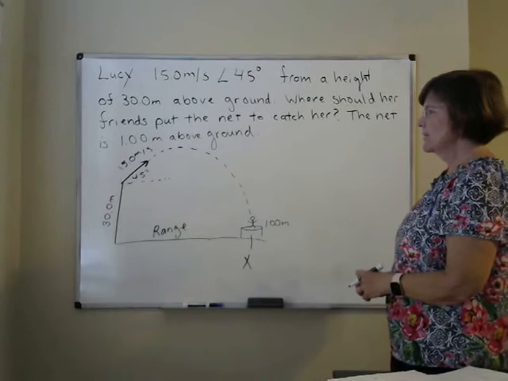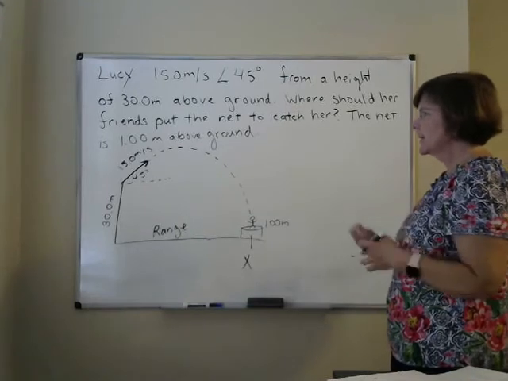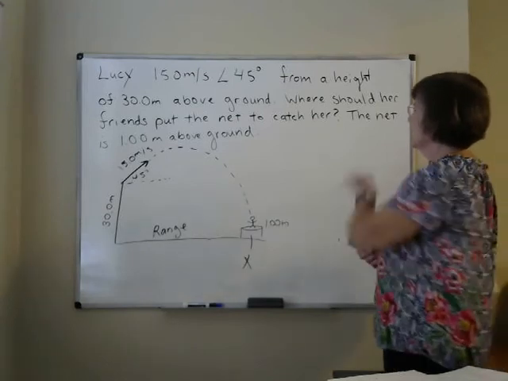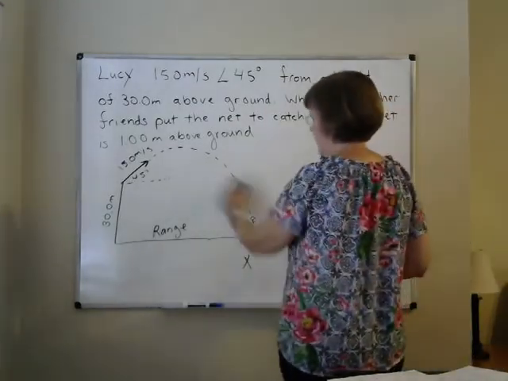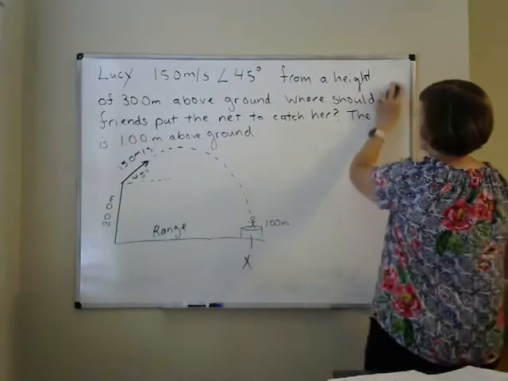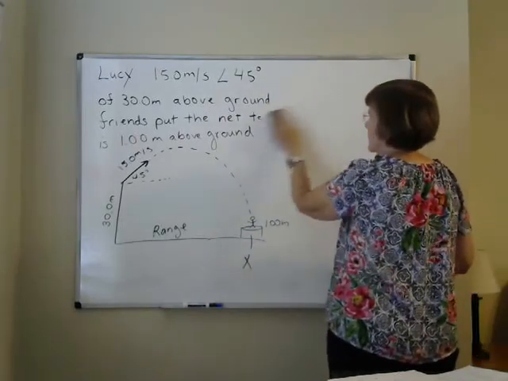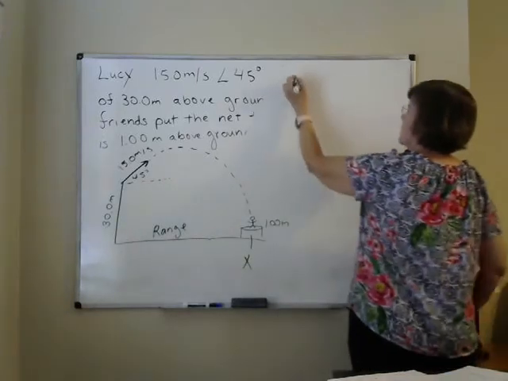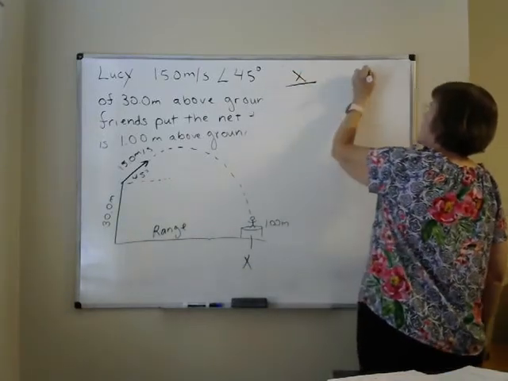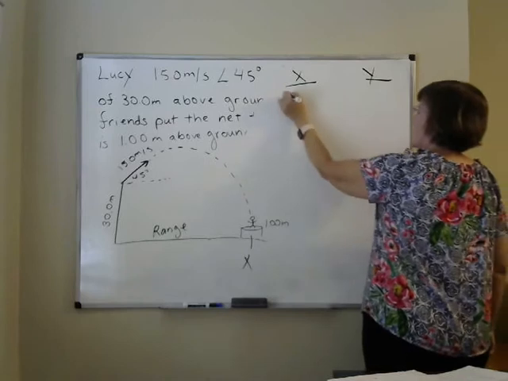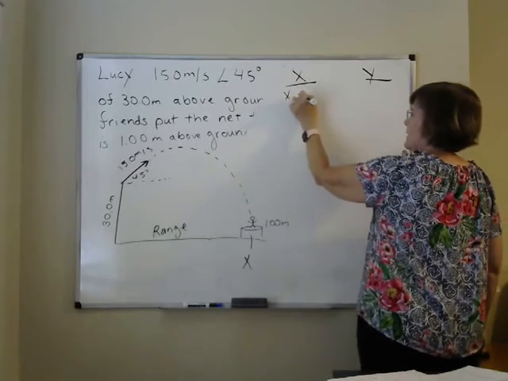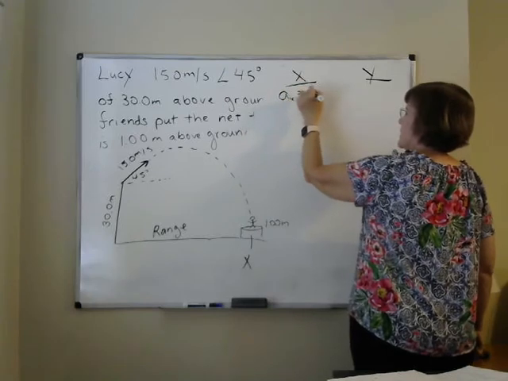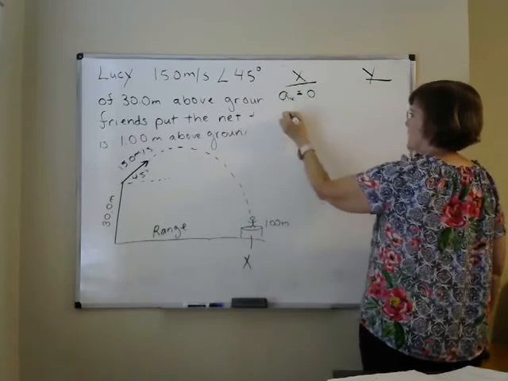Anytime we launch something at an angle, we really want to be sure we get those horizontal and vertical components. I'm going to erase part of the problem because you have the problem drawn out now. And let's just start thinking about what we know. We know she starts with an acceleration of 0 horizontally.